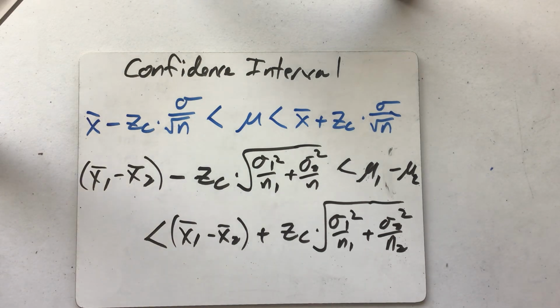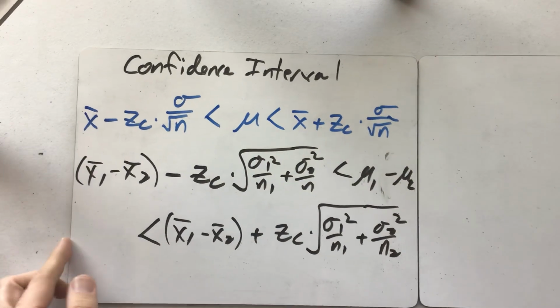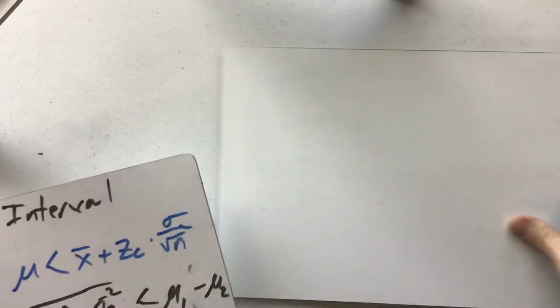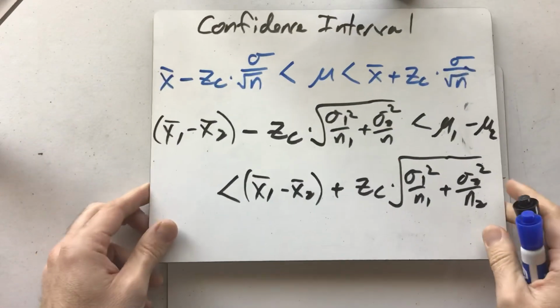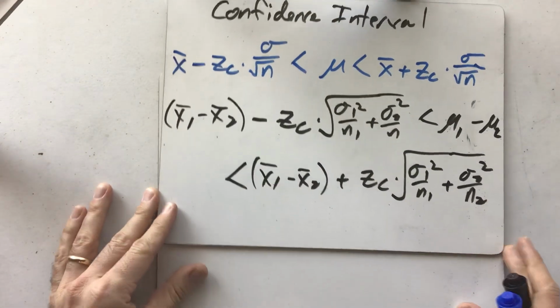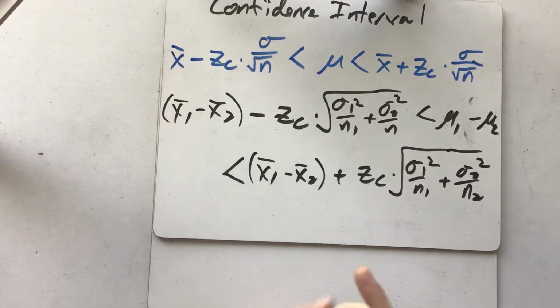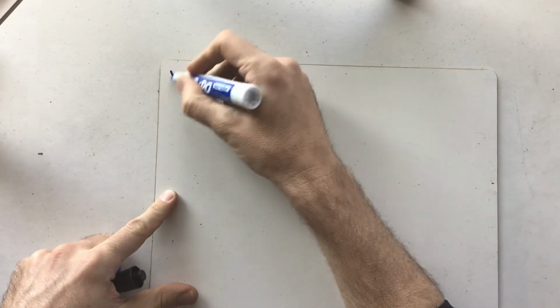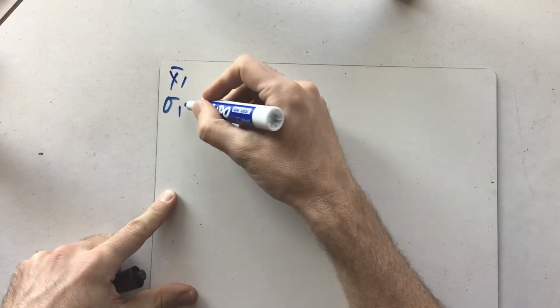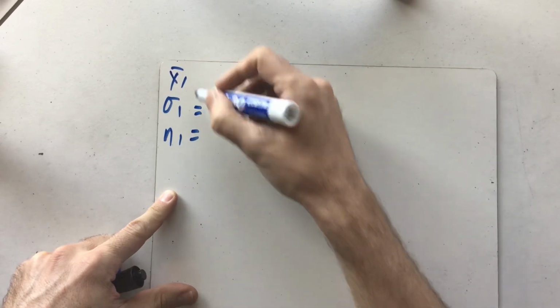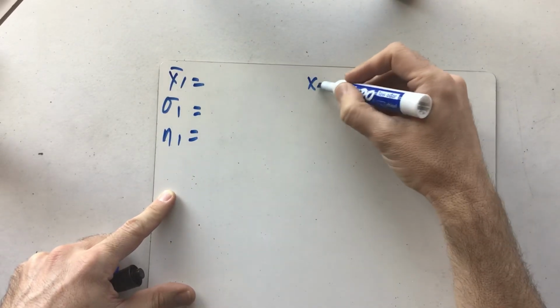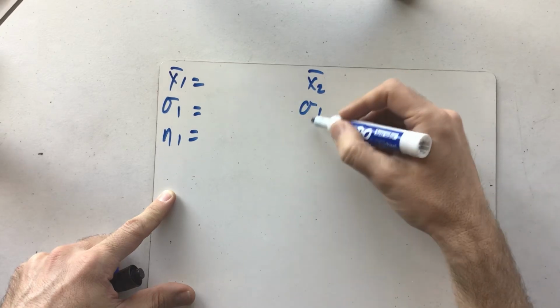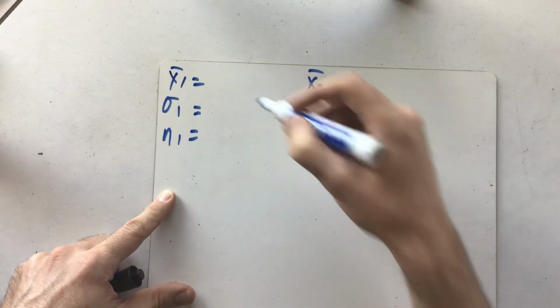Okay, so now it's time for us to create our confidence interval. All I have to do is take those things that I had earlier and put them into this formula. So again, we have our x1 bar, sigma 1, n1, and those numbers were the same as what we had.